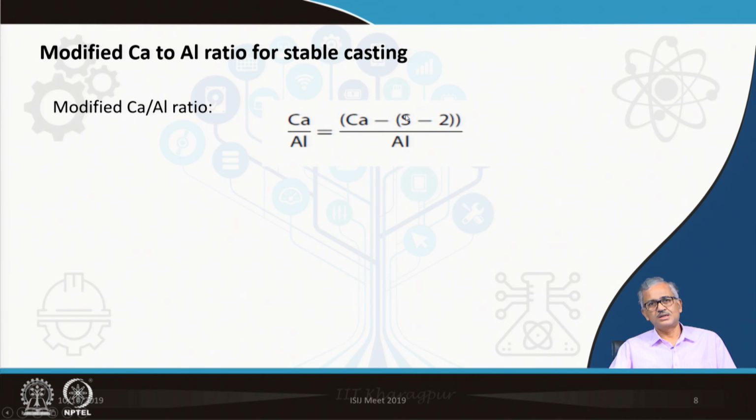So, I am eliminating that sulfur, and 2 is basically the solubility of sulfur in the calcium aluminate, that also I have to subtract. Then whatever calcium is left over will participate in the formation of calcium aluminate. So, this Ca to Al ratio will give you an idea what type of calcium aluminate is going to form based on their atomic ratio.